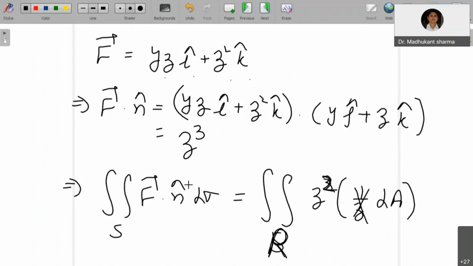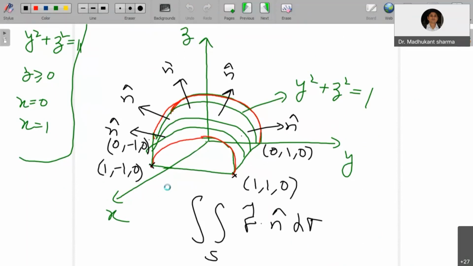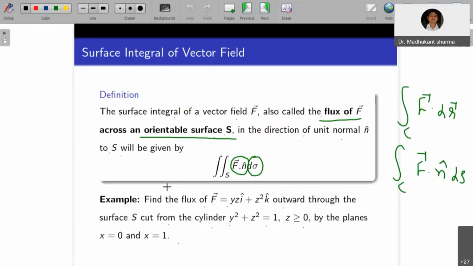Because F dot n cap is z³, and dσ is going to be dA. Over the surface you have the relation y² plus z² equals 1, because you are projecting on the xy plane, so z² equals 1 minus y².